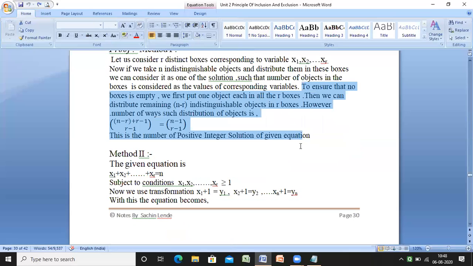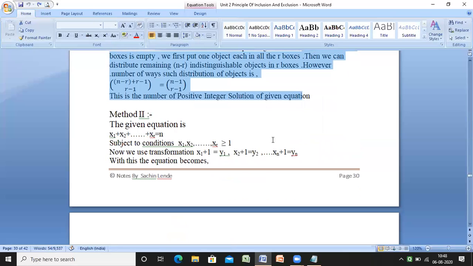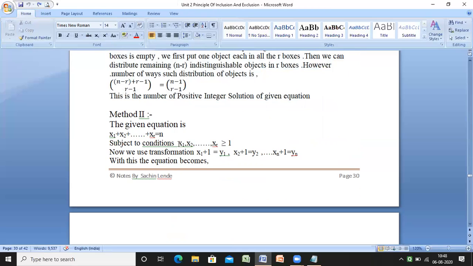They have mentioned another method related to that. Suppose the condition is the same, x1 plus x2 up to xr equal to n, and these values are greater than or equal to 1, since it's a positive value.